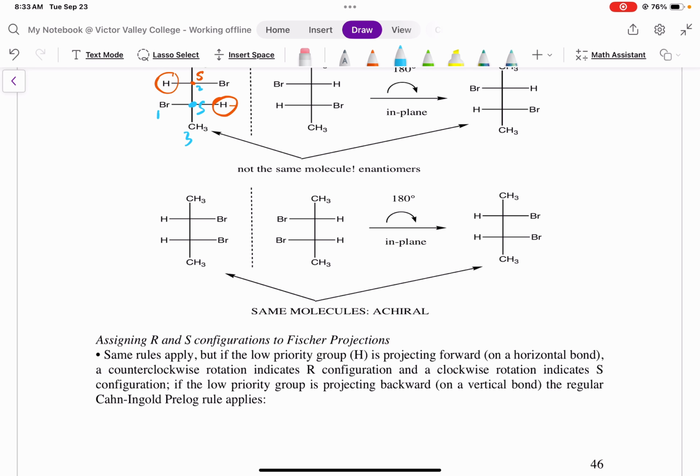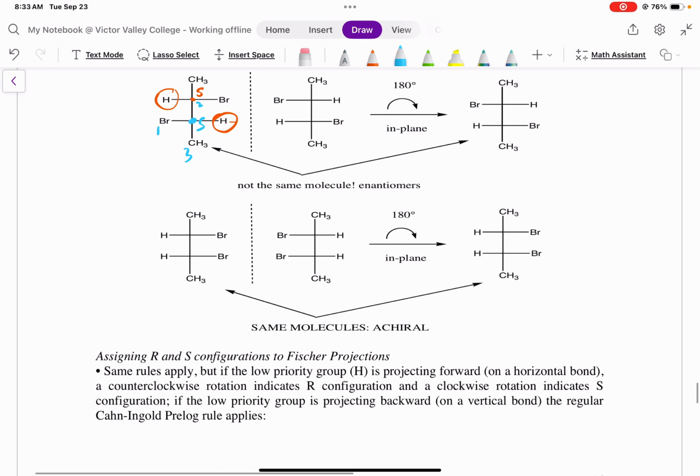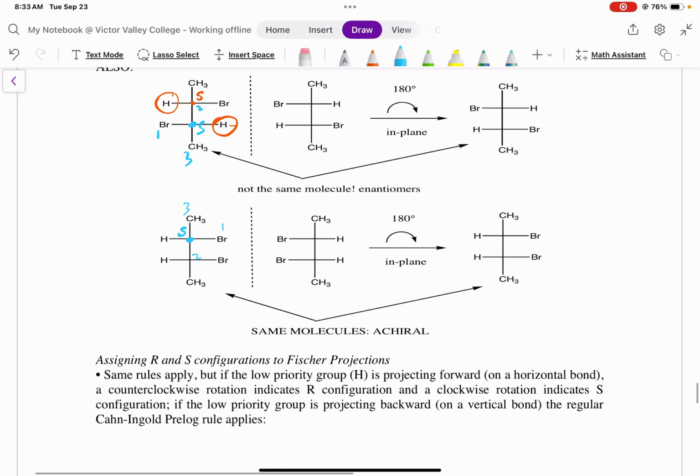In this case, I think the best is to look at each one at a time. 1, 2, 3. So that's 1, 2, 3 looks like R, but it's actually S. And then we look at the other one.